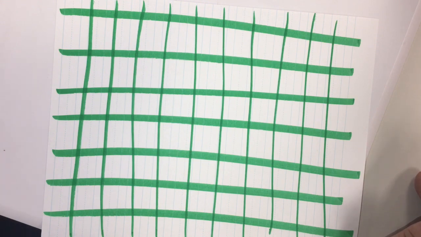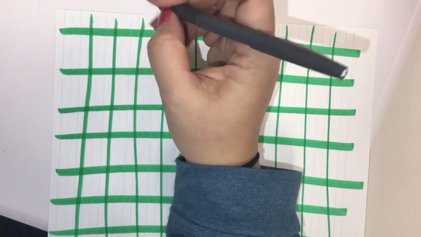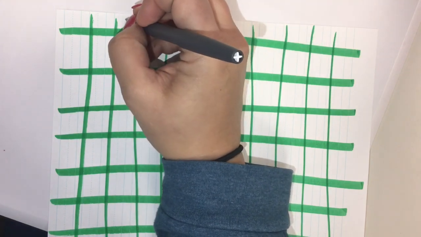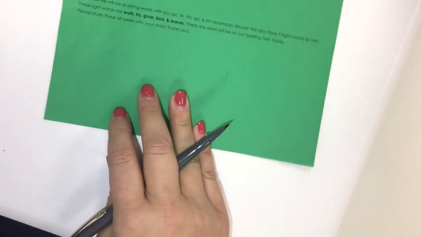So here is what we're doing. This week we are going to be doing, let me see, I'm going to do it on here because I don't want to confuse what the box is.